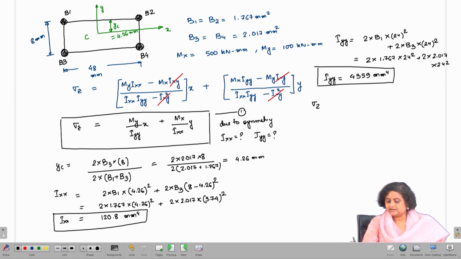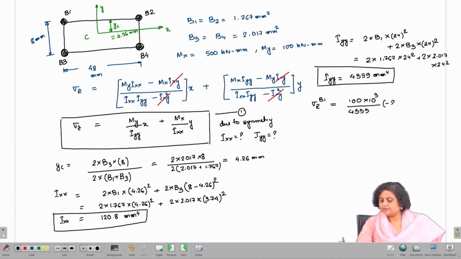sigma z at B1. So, the sigma z at B1 is going to be 100, my is 100 into 10 to the power 3 by 4359 Iyy, and x is going to be minus 24, plus 500 into 10 to the power 3 by Ixx, which is 120.8 into y is going to be 4.26.